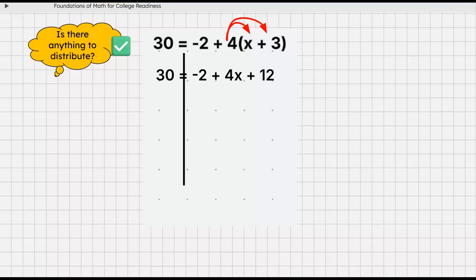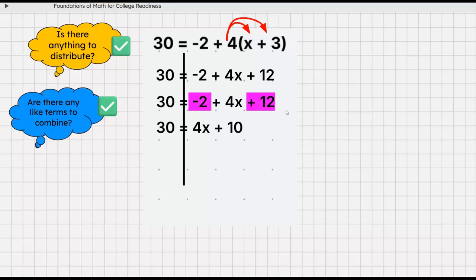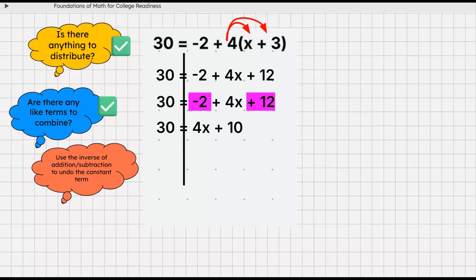Ending up with 30 equals negative 2 plus 4x plus 12. Then we ask ourselves, are there any like terms to combine? Yes, there are. On the side of the variable, negative 2 and 12 can be combined to get 30 equals 4x plus 10.